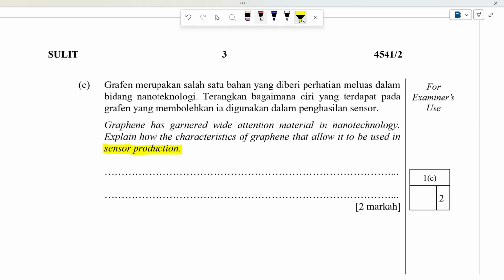High conductivity of what? Of heat and electricity. What else? High sensitivity.